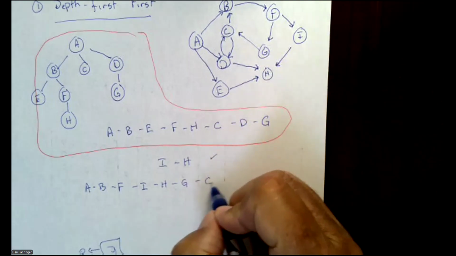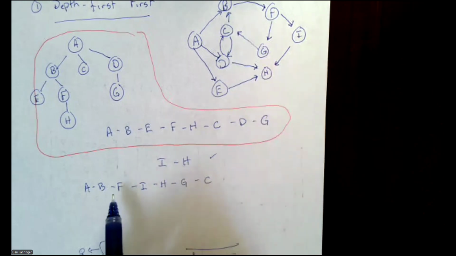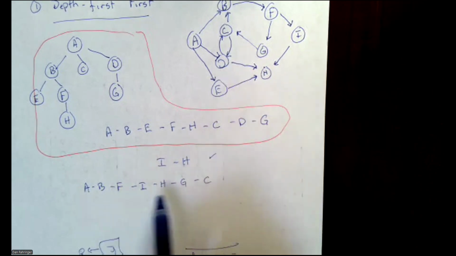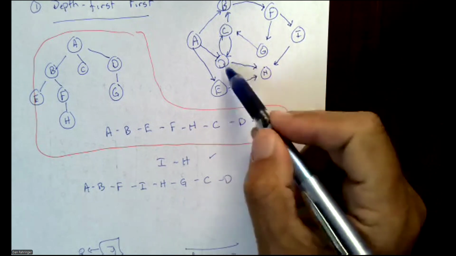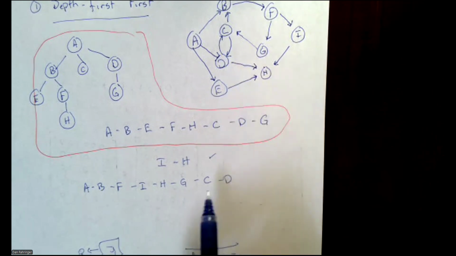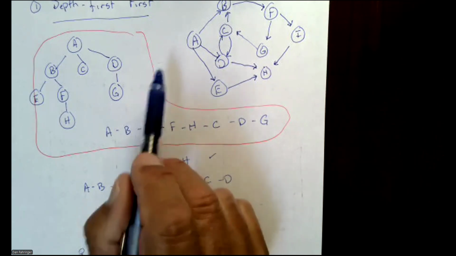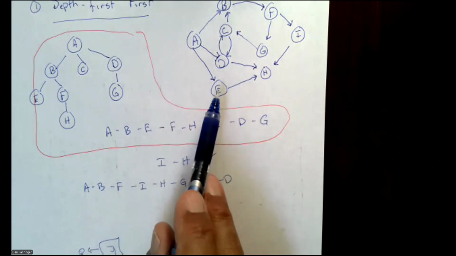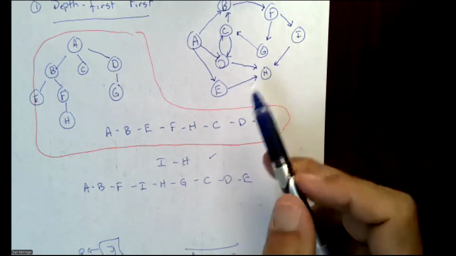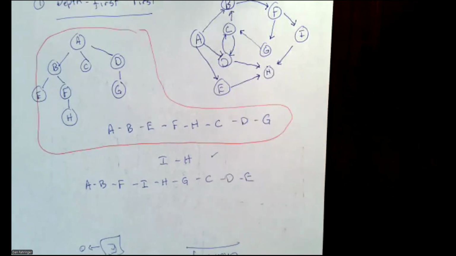G goes to C. C goes to B. Don't care. We already have that. It goes to D. We don't have that. Now that I'm at D, it goes to H. We already have that. So now I'm backtracking back up to C and all the way to B. Now I come here to E. I already have H. I already have D. So I'm done.